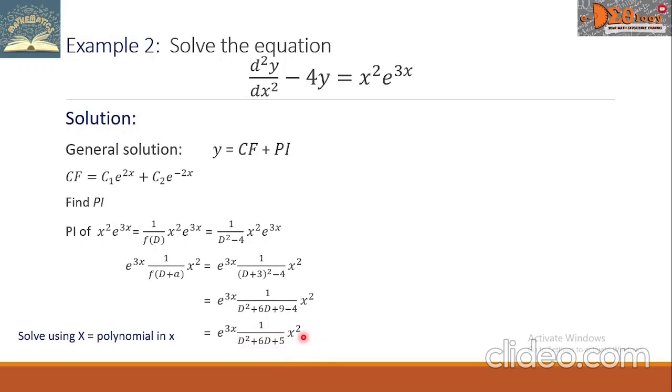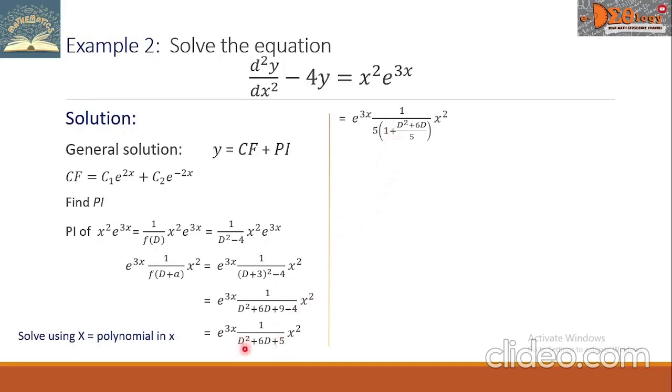So we will use that idea when capital X equals a polynomial in x. It means this 5 here is the lowest term for our denominator. We will factor it out and it becomes like this. 5 comes out. The number 1 here means the 5 is divided by itself.